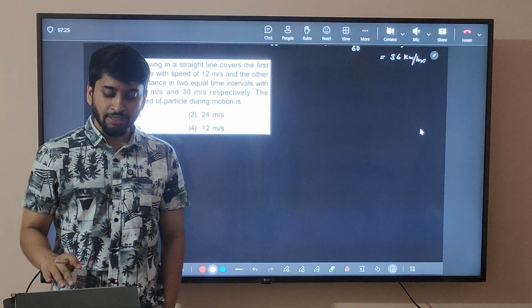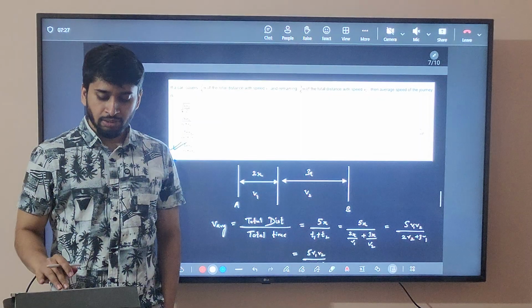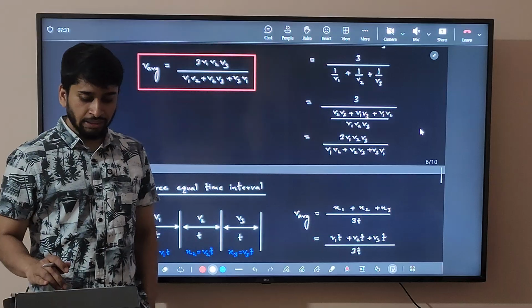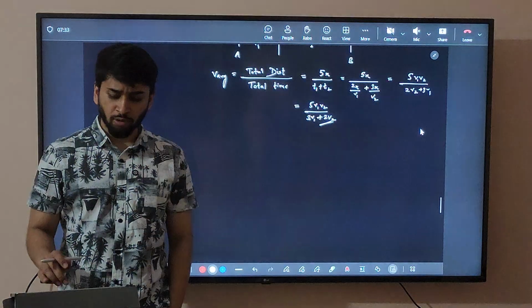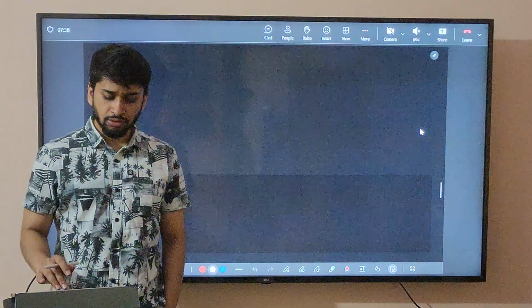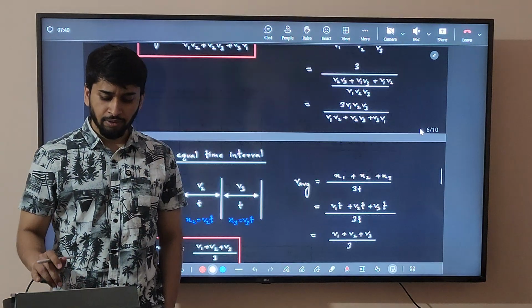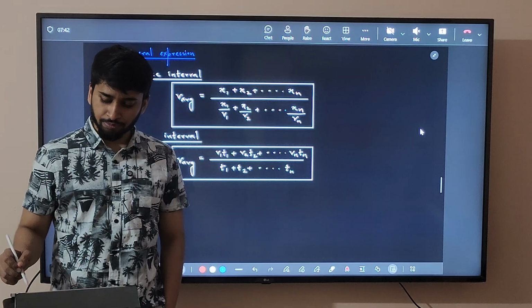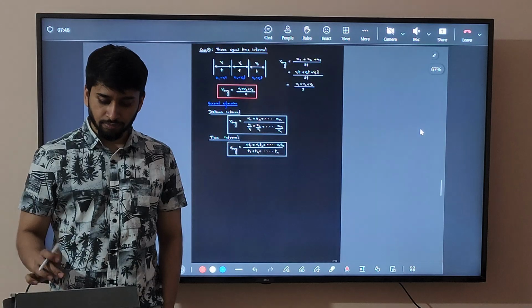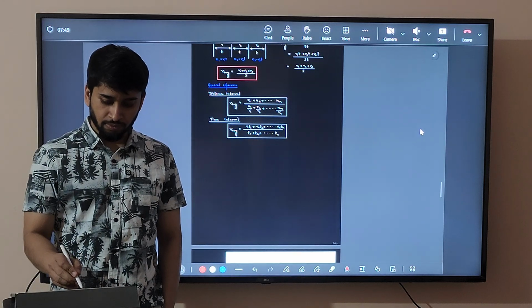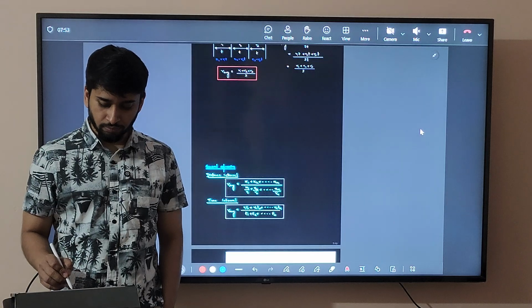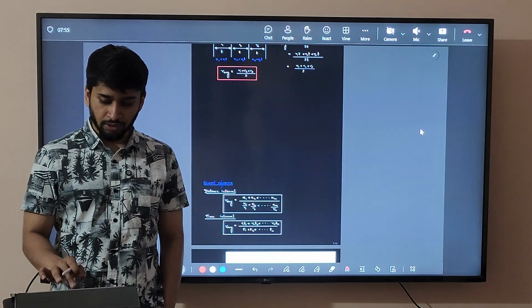So this is like a combination. Have we done the case for combination? Let me check. We did the case for three equal time intervals, but you have not done the case for combination. So let us do one case for combination. Let me add it here itself before the general expression. Yes, we can do it here, no problem.